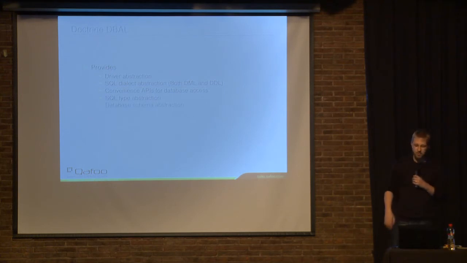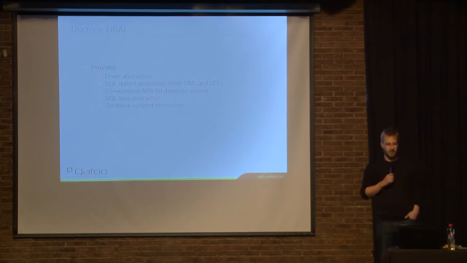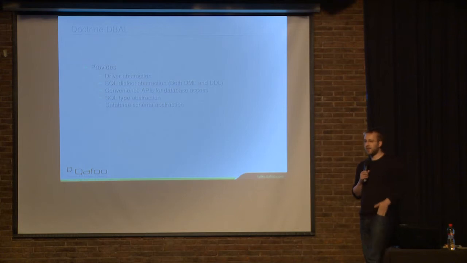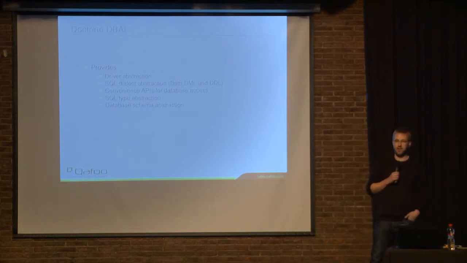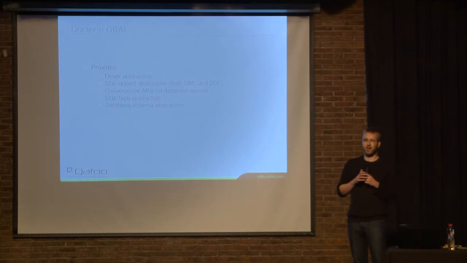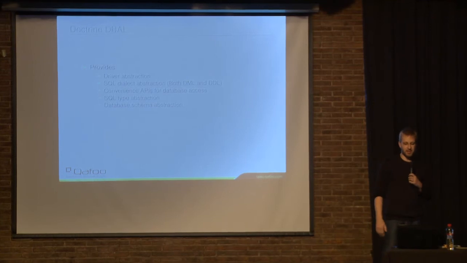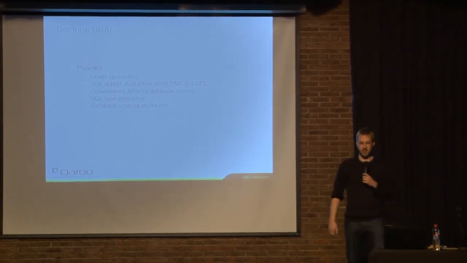Then we also have an abstraction for schema generation. If you want to define the schema of your database using tables, columns, foreign keys, all that stuff, there's an abstraction in the project that allows you to define this in PHP code, and it will be translated to the SQL of the database you're using.